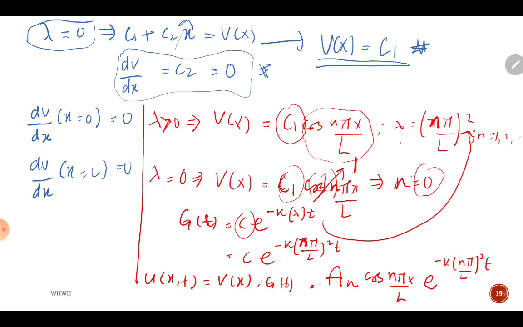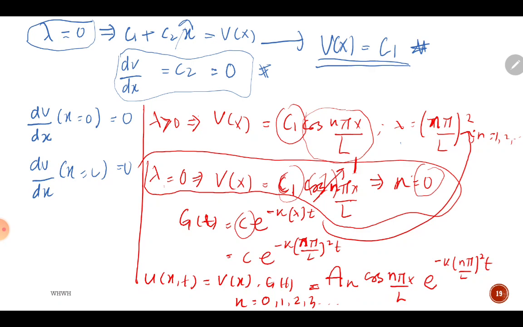And this n is starting from 0, 1, 2, 3 and so on and so forth. So when n equals to 0, cuba you ganti when n equals to 0, we will get the condition when lambda is equals to 0. Betul tak?